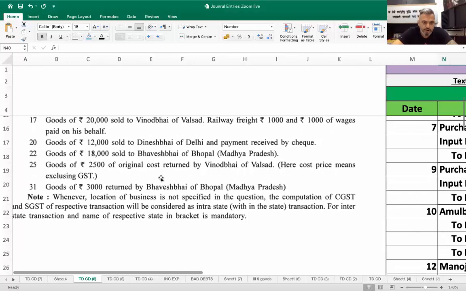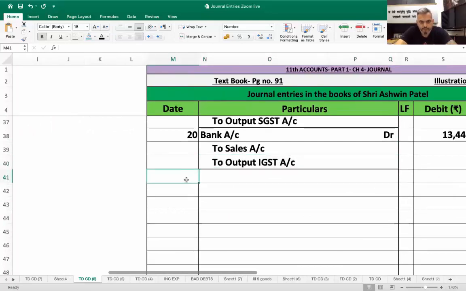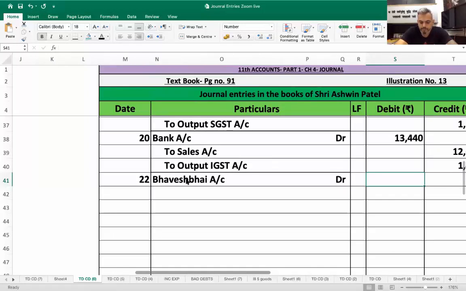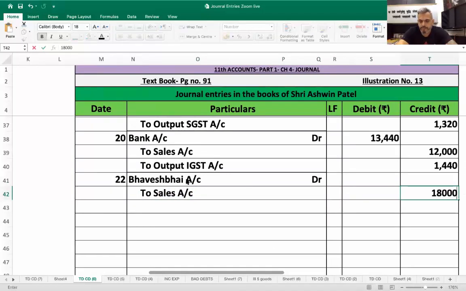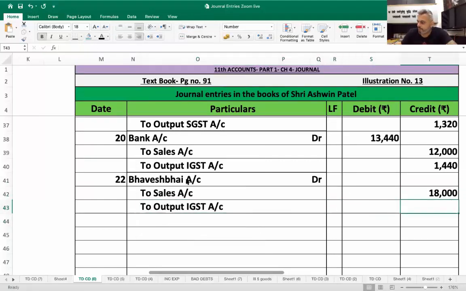So Bhavesh Bhai account debit, it's a credit transaction. बाद में लिखेंगे अमाउंट, टू सेल्स 18,000, to output IGST account 2160. 12% के हिसाब से ऐड कर दो, 20,160.